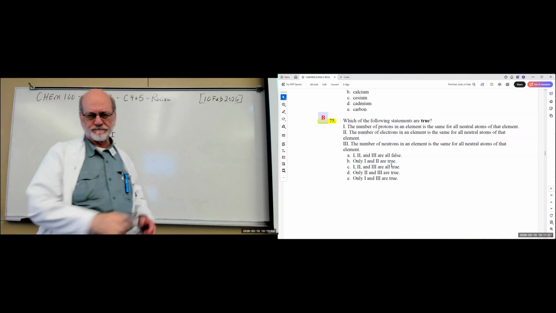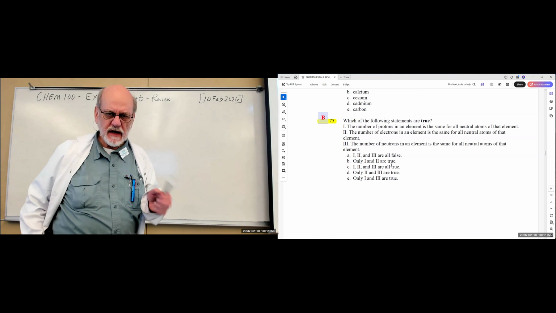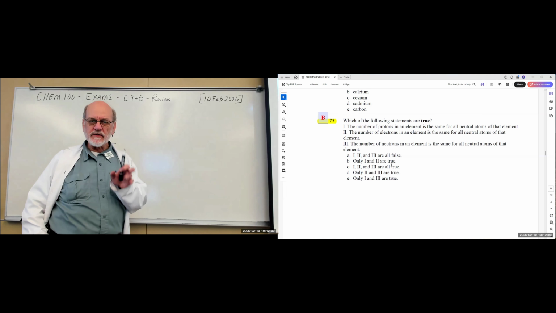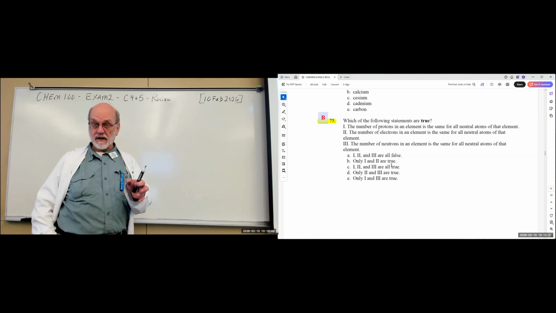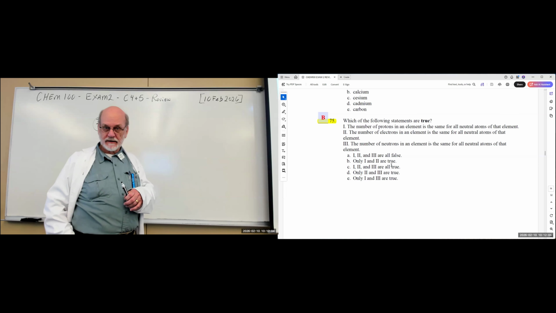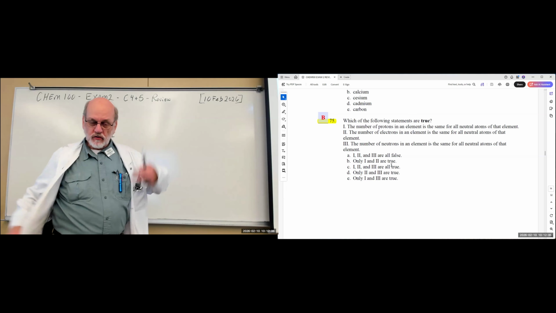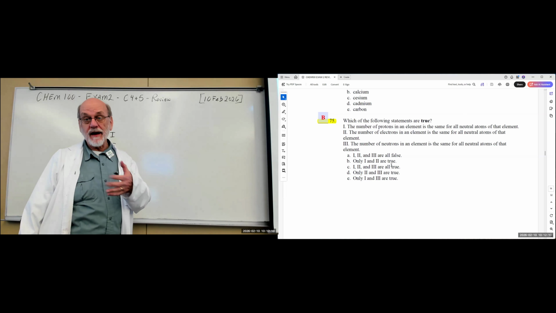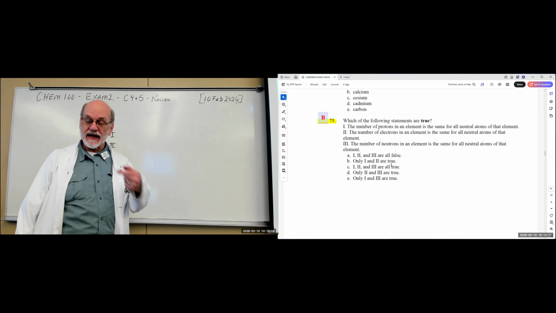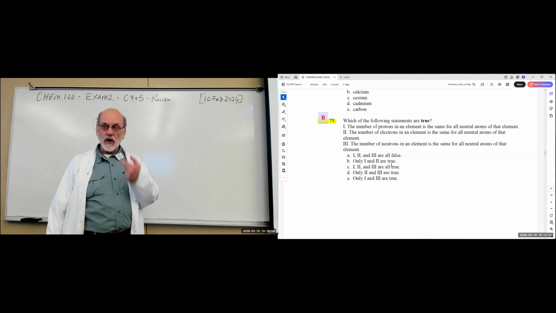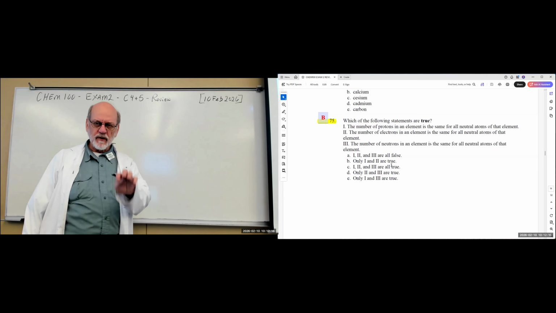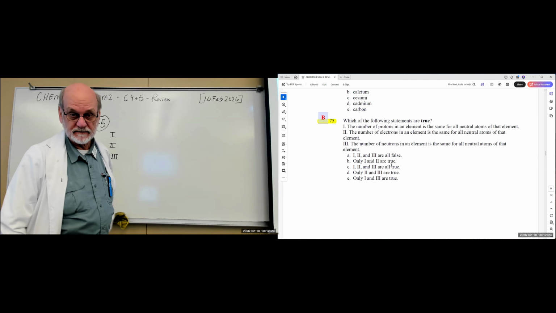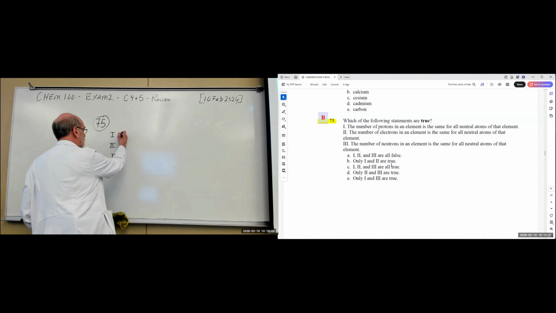So let's see. The first statement says the number of protons in an element is the same for all neutral atoms of that element. Yeah, that's definition, right? Neutral atoms and ions of an element will actually have the same number of protons. You don't change the number of protons. The number of protons identifies the element, right? So this one is true.